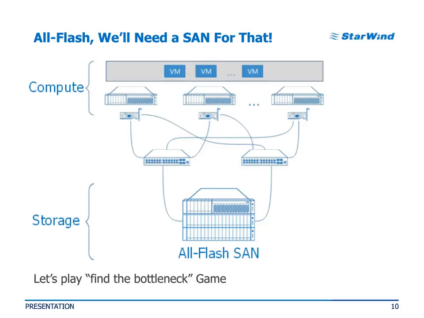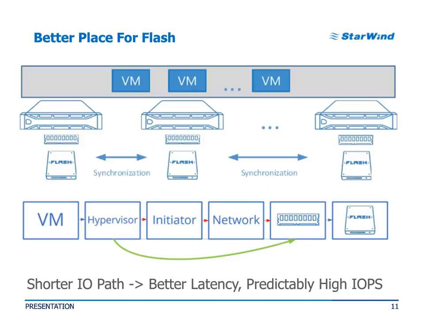The information is transferred from the virtual machine to the hypervisor, then it goes through the HBA, to the network, then to the cache on the actual SAN, and only then is it transferred to the SSD. Instead, StarWind uses the fast track and grabs the data right after the hypervisor tries to put it to the initiator and puts it directly into the server's RAM, and then onto the flash drives. This way we get much higher performance and much lower latency.